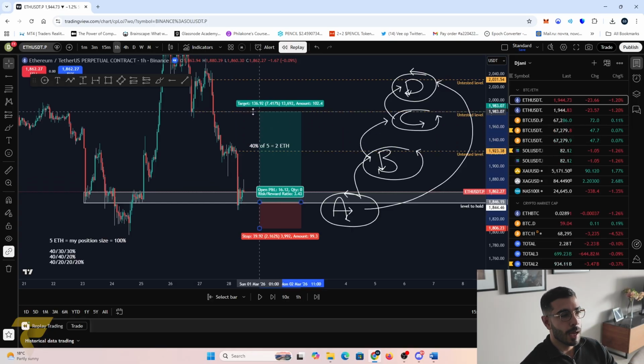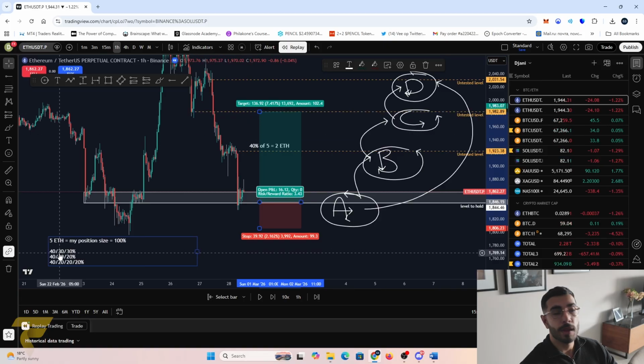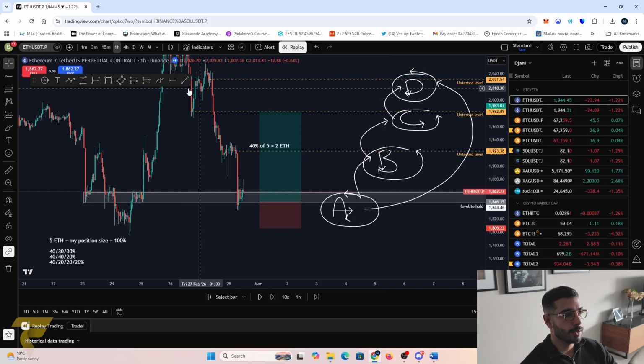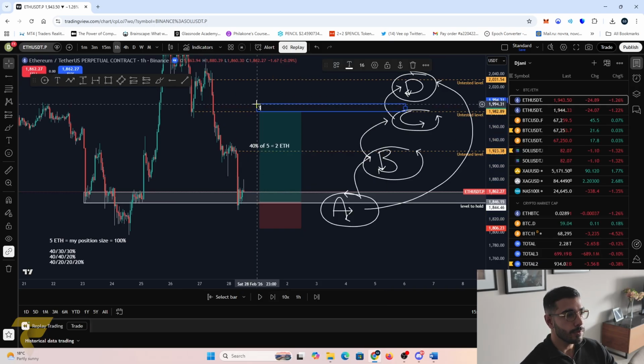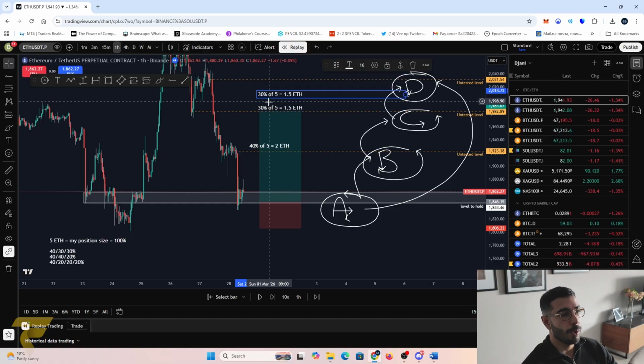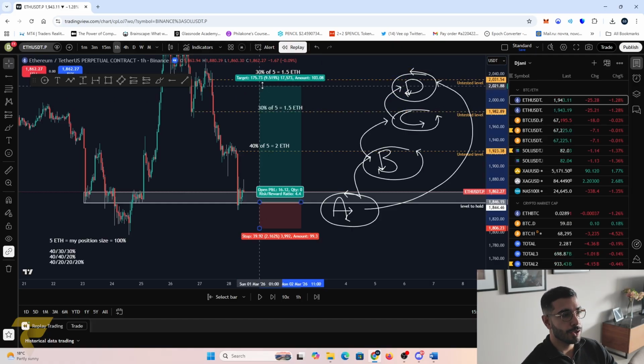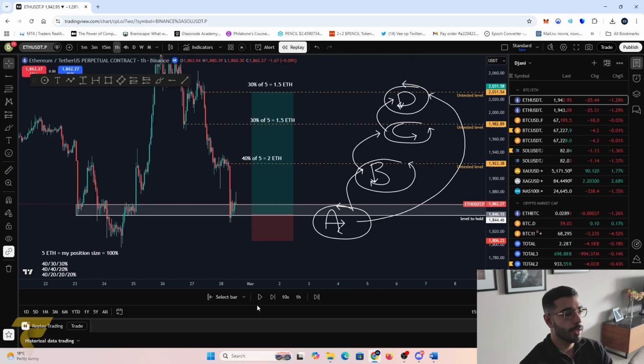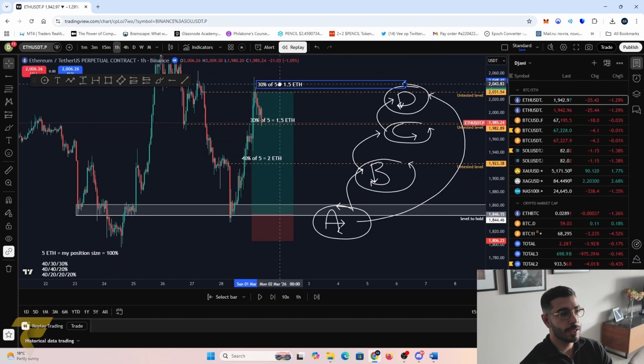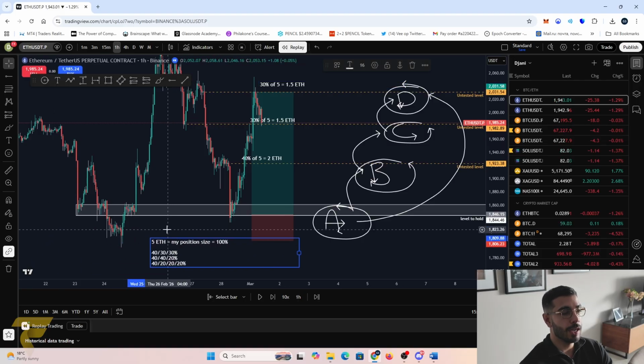Whenever price happens to go to checkpoint number C, I'm going to realize 30% of 5 ETH, which is 1.5 ETH. And then whenever eventually price happens to go to the last checkpoint, that's where we have realized the entire profits and the entire trading position.